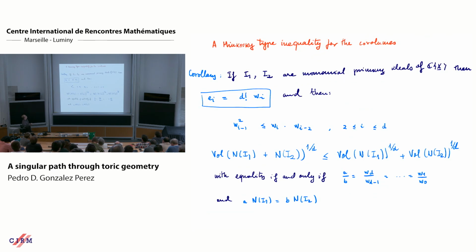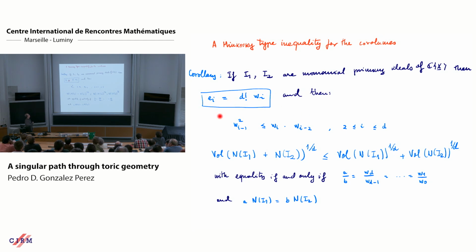So as a corollary, we can export the relations, because if we have these monomial primary ideals of the ring of power series, then it's easy to see, analogously to the previous case, that the mixed degrees and the mixed multiplicities are related in these forms.